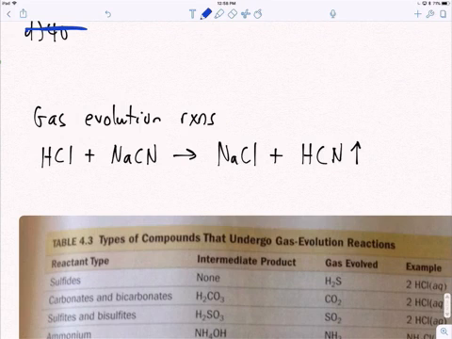Now that being said, cyanide gas smells like almonds, and there are two things about it. First of all, if you smell it, it smells really strongly and then it disappears. That's one of the key signs that it's cyanide gas, because we as humans get used to smells. Have you ever noticed that? If you're in a room for a while and it smells really bad, after a while you don't smell it anymore.